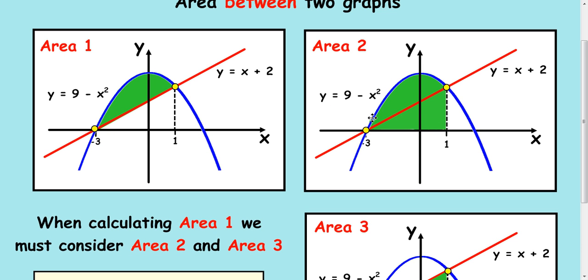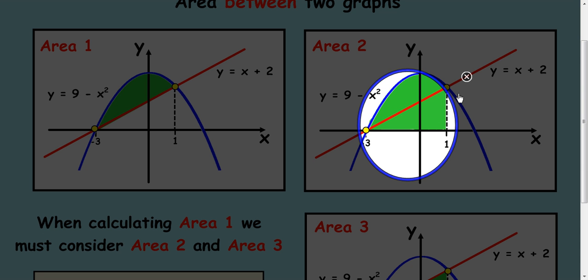Now, the first area is always calculated from the upper function. What we mean by the upper function is the function which is highest up between the -3 and the 1. So if I'm looking at this part between -3 and 1, I'm looking to see which point's highest to find the upper function.